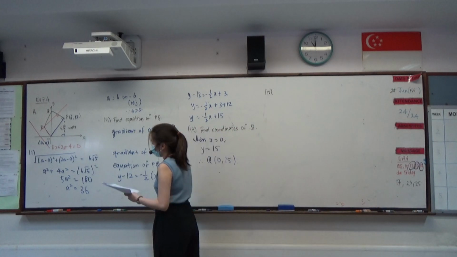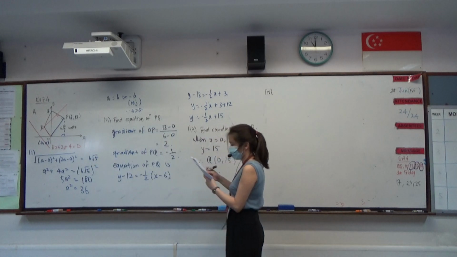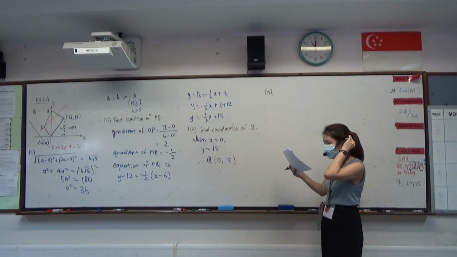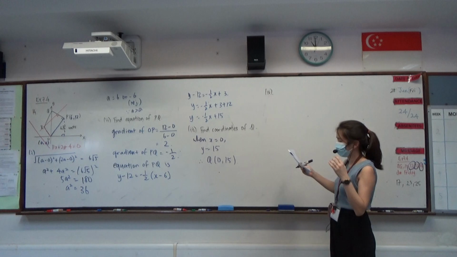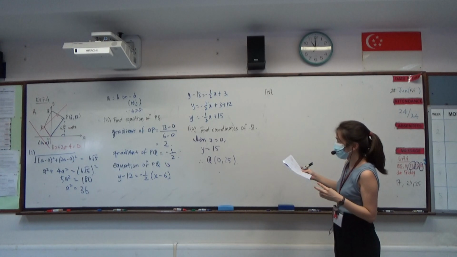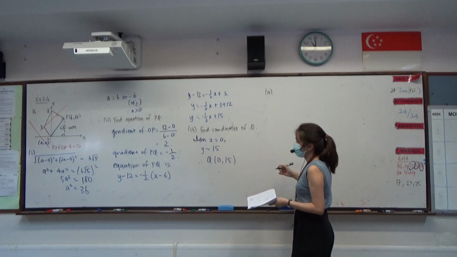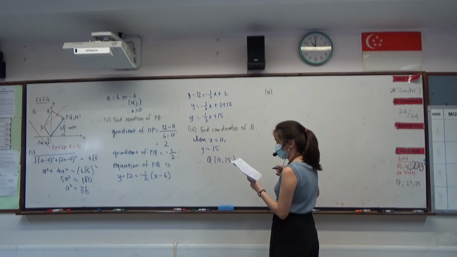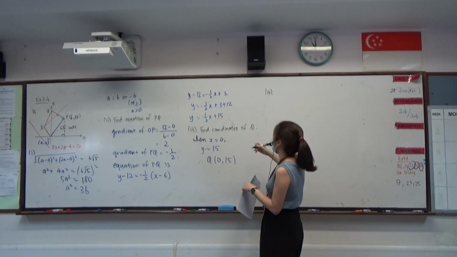So let's go about finding the equation of the perpendicular bisector first. To find it, we need to find the coordinates of the midpoint.